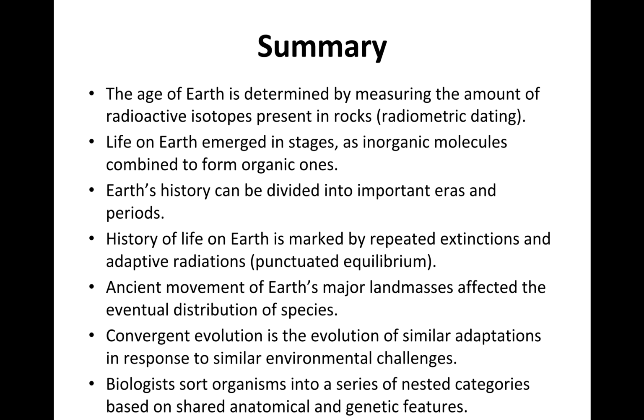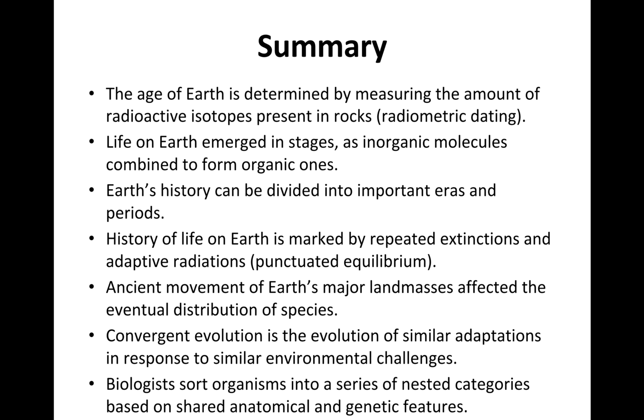So to summarize, the age of Earth is determined by measuring the amount of radioactive isotopes present in the rock, called radiometric dating. Life on Earth emerged in stages as inorganic molecules combined to form organic ones. Earth's history can be divided into important eras and periods. The history of life on Earth is marked by repeated extinctions and then adaptive radiations marked by punctuated equilibrium.